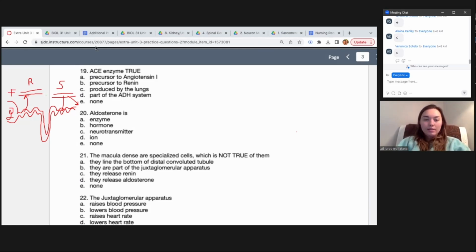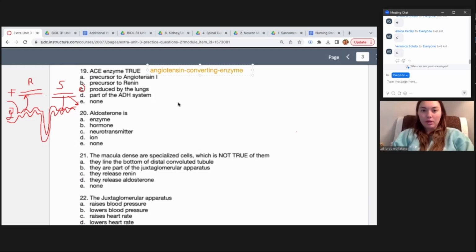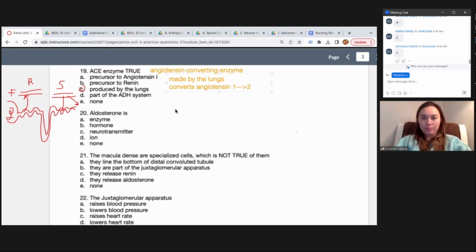So the ACE enzyme is angiotensin converting enzyme. It's produced by the lungs. It is made by the lungs and it converts angiotensin 1 into angiotensin 2, right?